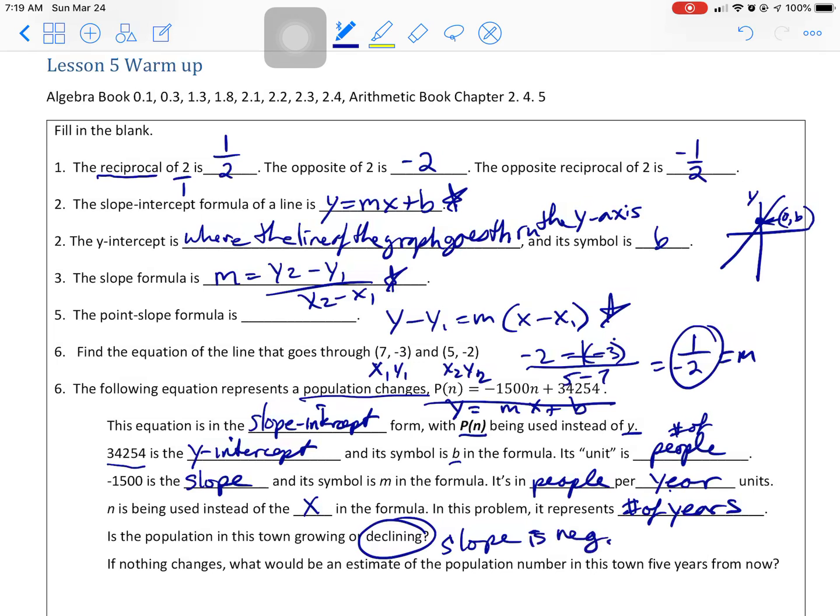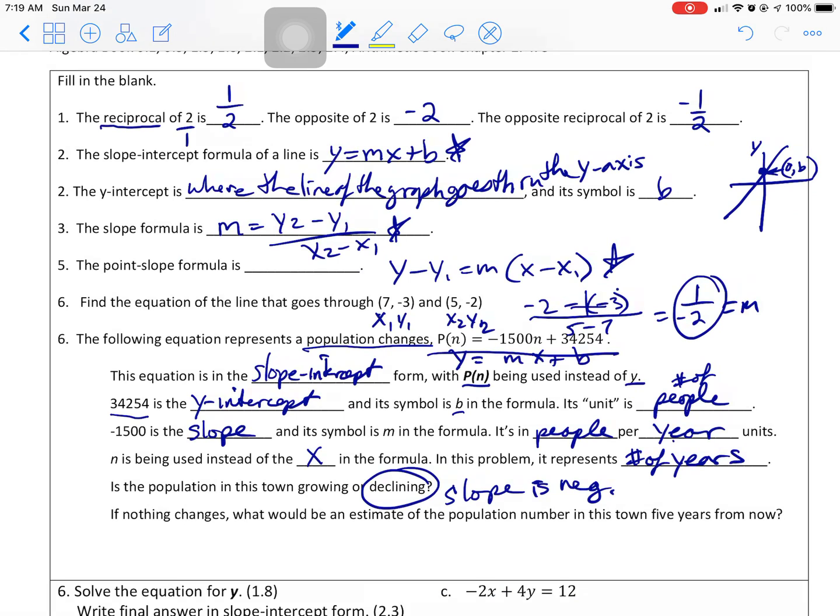If nothing changes, what would the estimate of the population in this town be in 5 years from now? The slope is negative 150 times 5 years from now if it started at that number. So you crunch all that through, and you don't have to write the P of 5 thing.